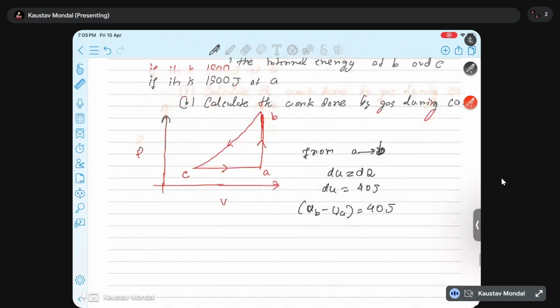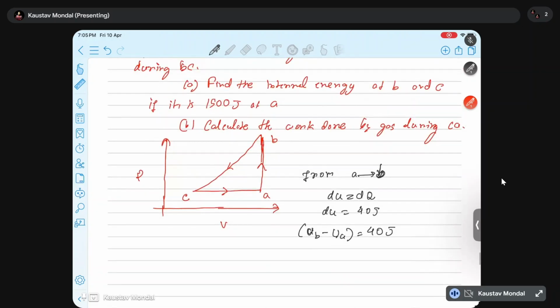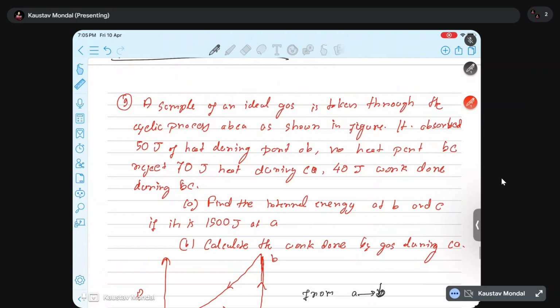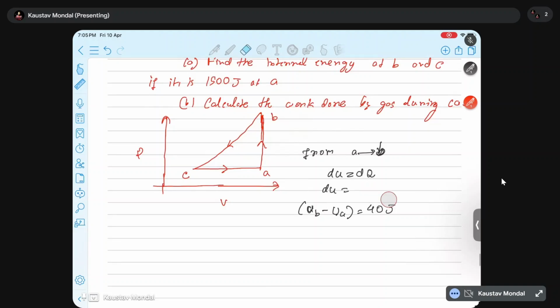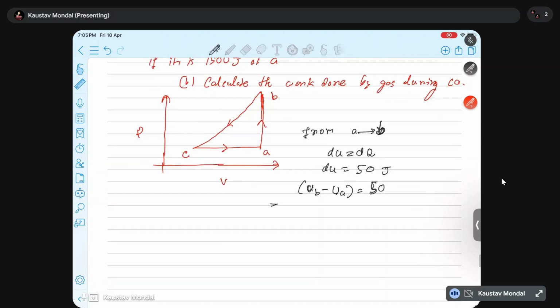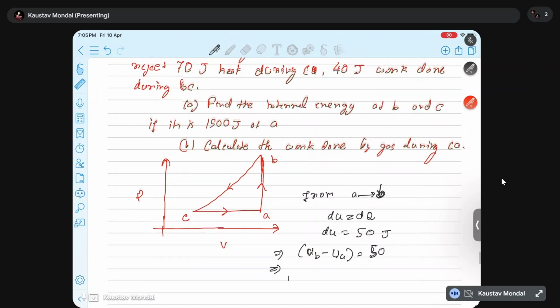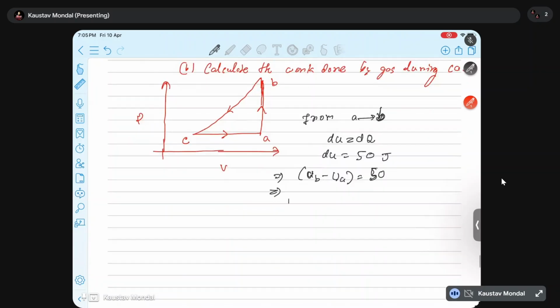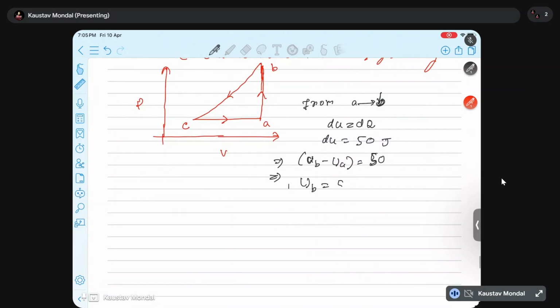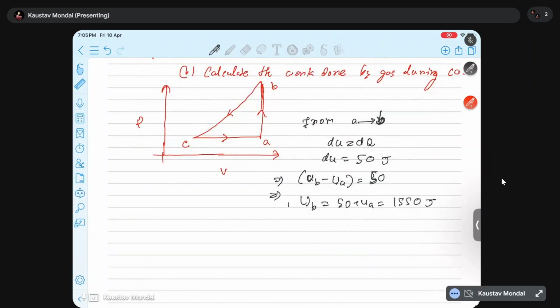Now U at A is already mentioned. Now U at B you have to calculate. Find the internal energy at B and C. So UB would be simply 50 plus UA. UA is already mentioned as 1500, so 1550 joule. That is the internal energy at the point B.